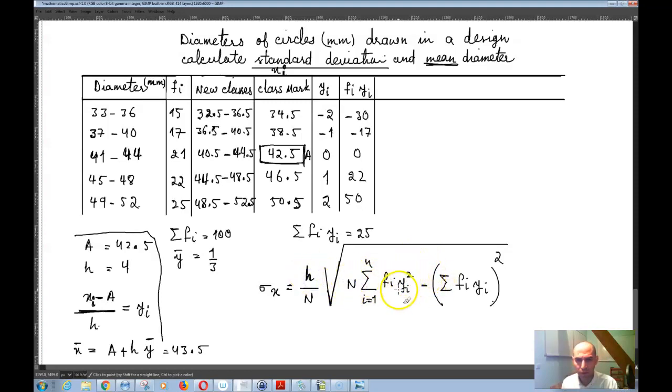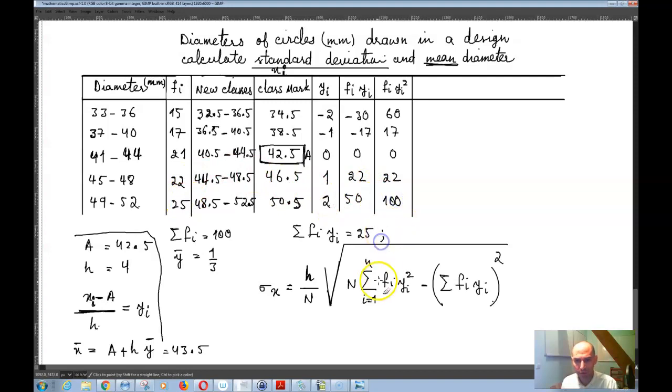And so what I need here is f of i times y of i squared. To calculate that, y of i squared is equal to, for example, 4 times 15 is equal to 60, or 1 times 17 is equal to 17, or 0 would be 0. 1 times 22 is equal to 22. 4 times 25 is equal to 100.